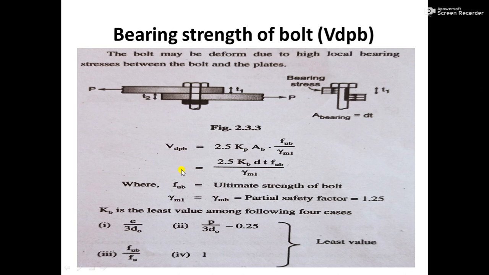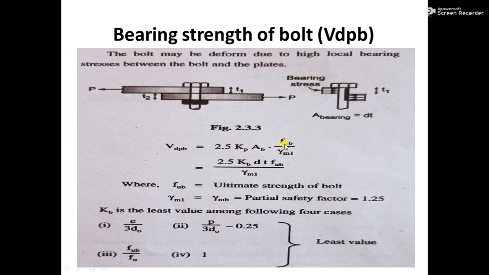Then bearing strength of bolt. D for design, P for bolt, design strength in bolt. The bolt may be deformed due to high local bearing stress between the bolt and the plates. Here we are going to use this formula. We are going to calculate this Kb. Kb is the bolt constant.